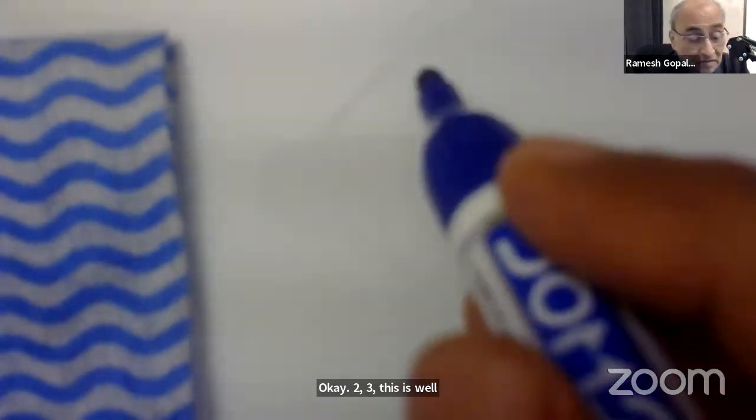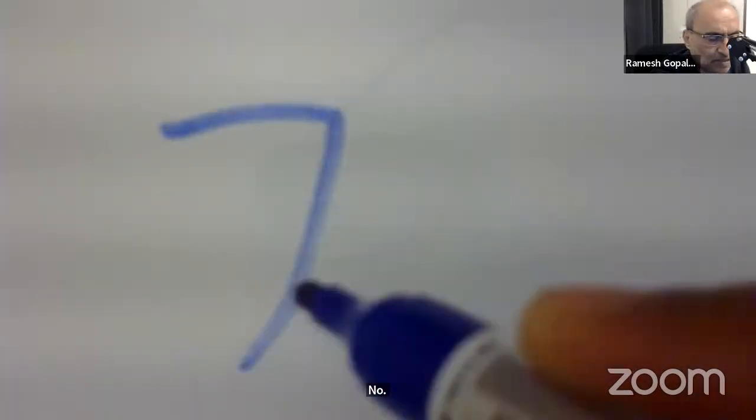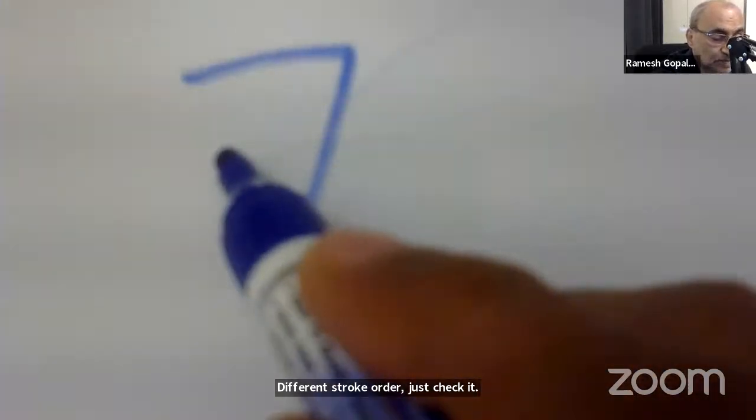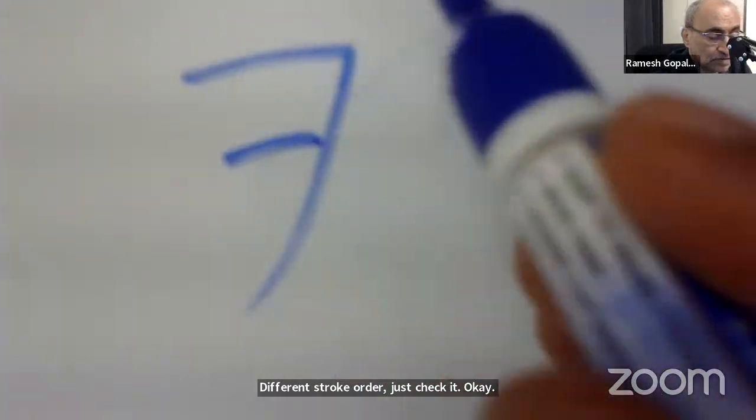Now, katakana wo. You will have to see your workbook, okay? Because there could be a different stroke order. Just check how wo is written.